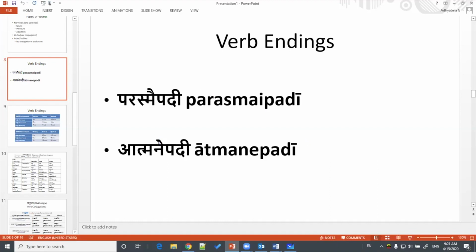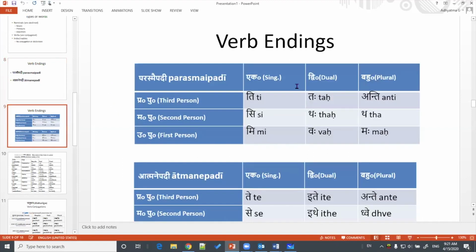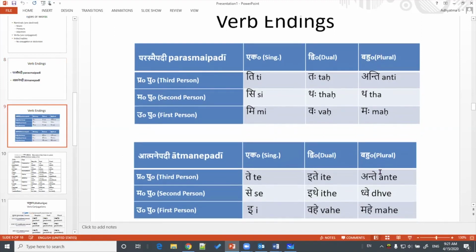Those endings are of two kinds. One is parasmaipadi, which we saw, and another is atmanepadi. These are the names in Sanskrit. Just understand that there is a certain set of endings which is called parasmaipadi, and there is another set of endings which is called atmanepadi. This choice of words in Sanskrit is a little interesting, and here I'll show you how these verb endings look.